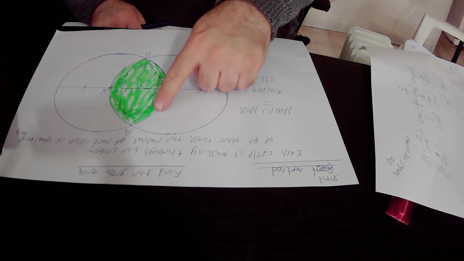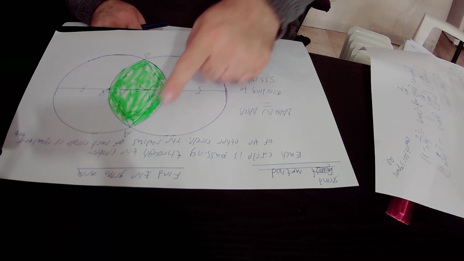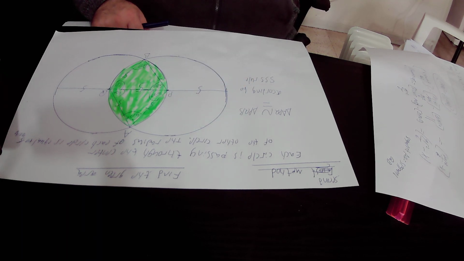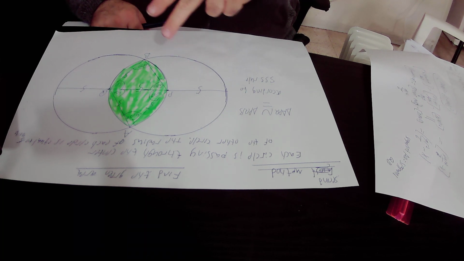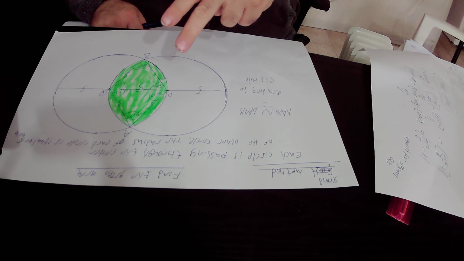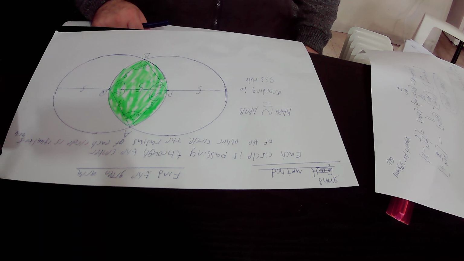Here also the area is pi r squared over 6 minus x. So actually we found out that the areas of those four segments AQ, QB, PB and AP are all equal to each other.